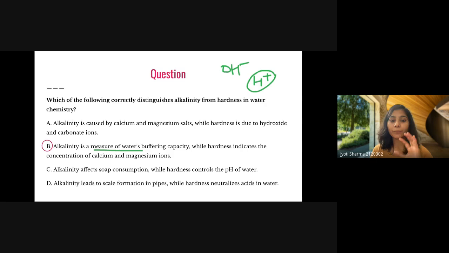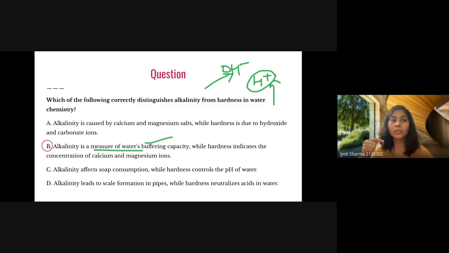The compound or chemical that either reduces H plus ions or gives you hydroxide ions in the water will give you the alkalinity. And alkalinity neutralizes the acidity of the water. If it is reducing or neutralizing the acidity, then it means it is buffering the water.